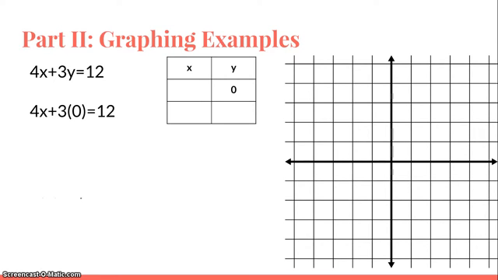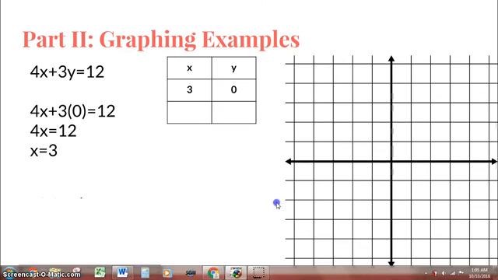Now I've got one equation and one variable, I can solve it. So 3 times 0 is 0, and I'm left with 4x equals 12. Divide both sides by 4, I get x equals 3. 3 short steps, and I've got the first point that I'm looking for, (3, 0).